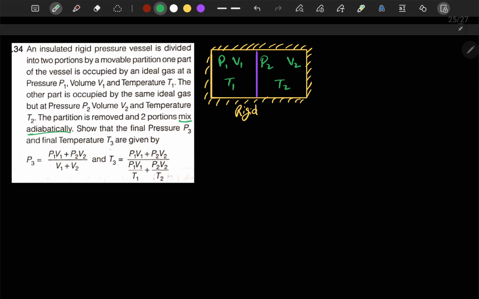Show that the final pressure P3 and the final temperature T3 are given by this. Okay, so in the last lecture I told you about the three most important points about adiabatic mixing. So what were those 3 points?